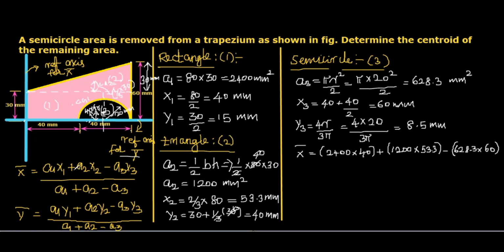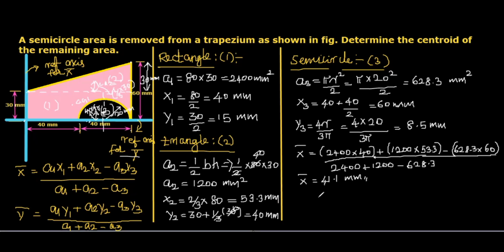That is A1 x1 plus A2 x2 minus A3 x3, the numerator. Then the denominator, A1 plus A2 minus A3: 2400 plus 1200 minus 628.3. When you simplify, we will get the value of x bar as 41.1 mm.